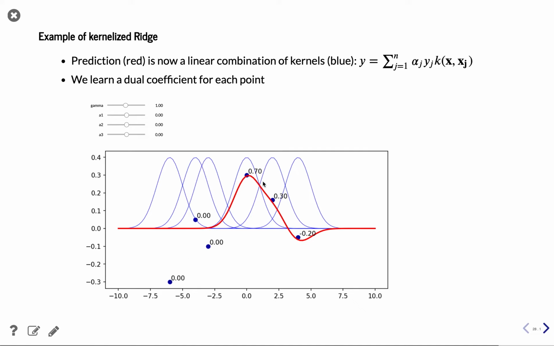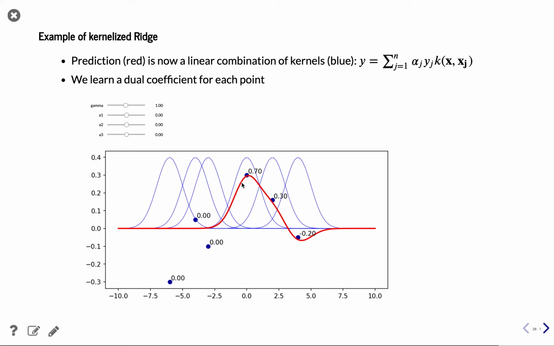So this red line, which is nothing more than a linear combination of the kernels times the learned coefficients, basically means that every point has a local influence on this red line here.